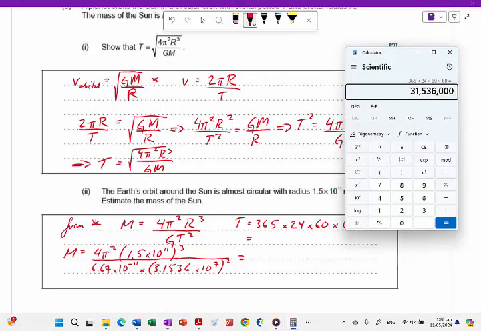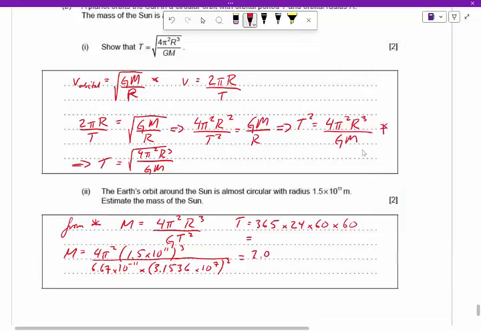And that gives us, so let's go 4 times pi squared times 1.5 times 10 to the 11 cubed divided by 6.67 times 10 to the negative 11 times 3.1536 times 10 to the 7 squared, which gives us 2 times 10 to the 30, or 2.00 times 10 to the 30.